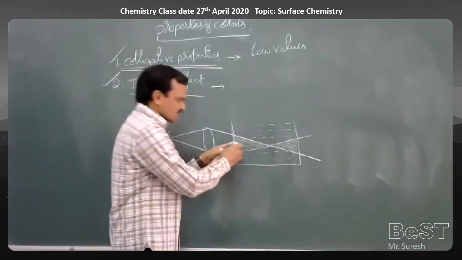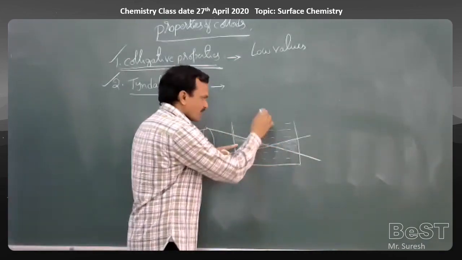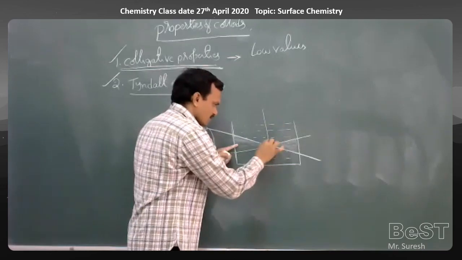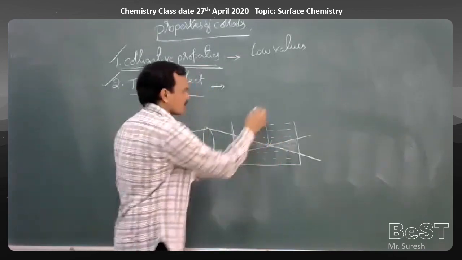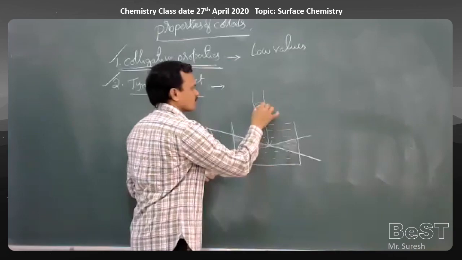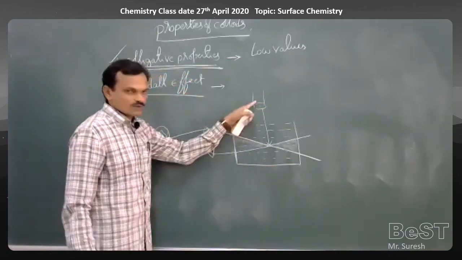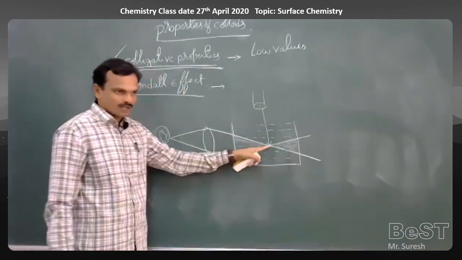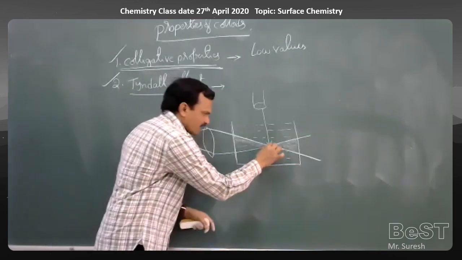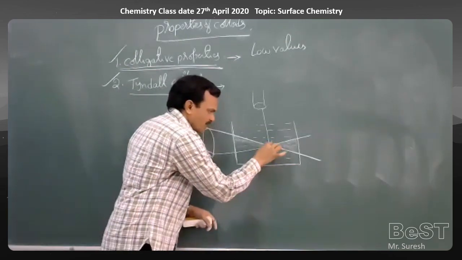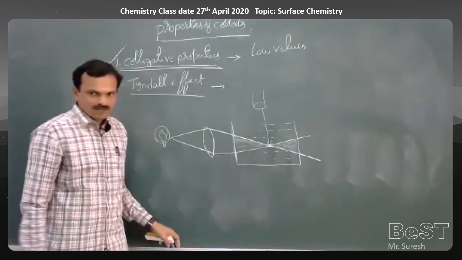Now if you see this path of light perpendicular to the solution by using a microscope, then we can find the colloidal particles as bright stars.